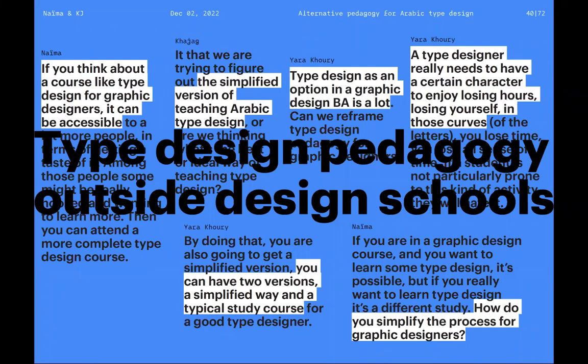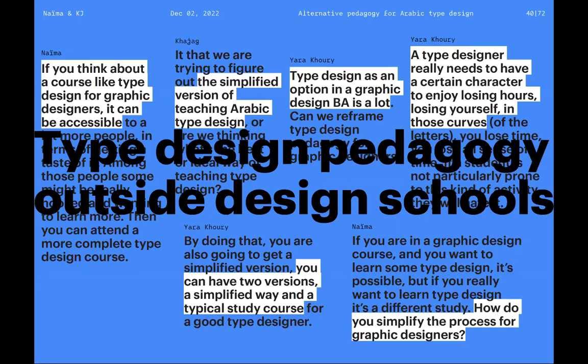And then we talk about type design pedagogy outside and inside the design school. Inside the design school, in general, the type design module is part of a graphic design curriculum. It's quite a lot on top of the graphic design curriculum to do type design, because it's really a discipline in itself. And also, that happens to me when I teach in school sometimes, not all graphic designers want to be type designers.